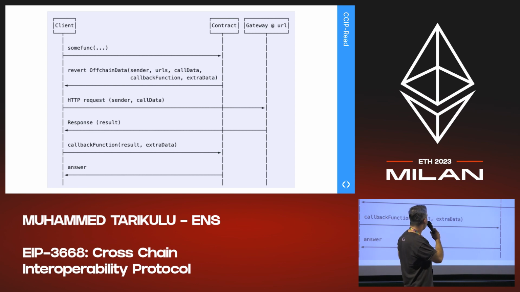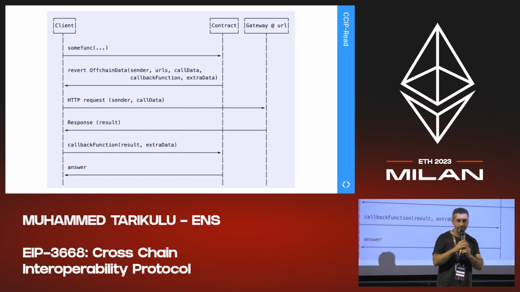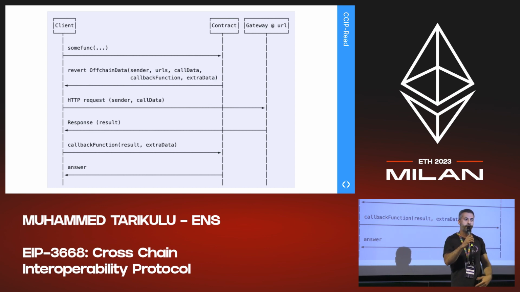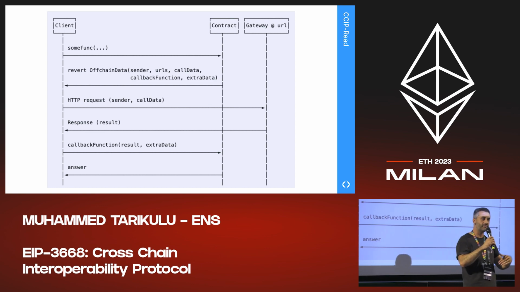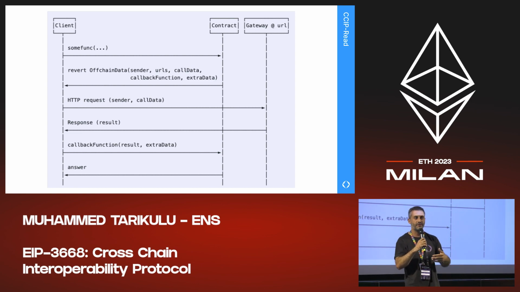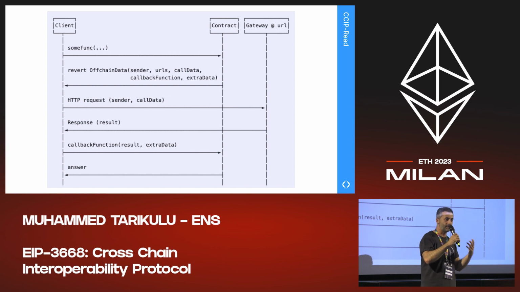When the client gets this revert back, it doesn't raise an error to us. Instead, it handles it automatically, because we already contributed to all these clients and implemented CCIP read support.